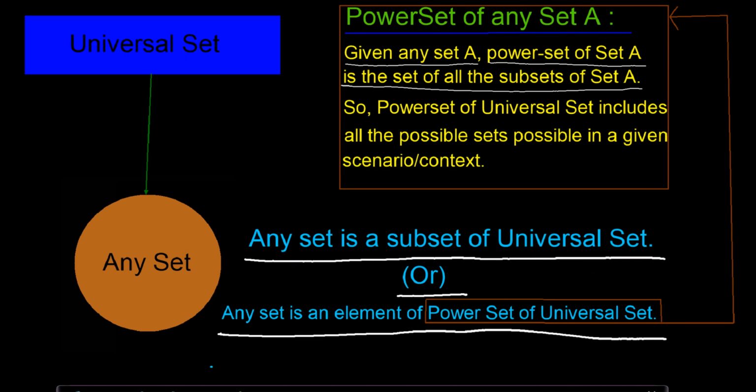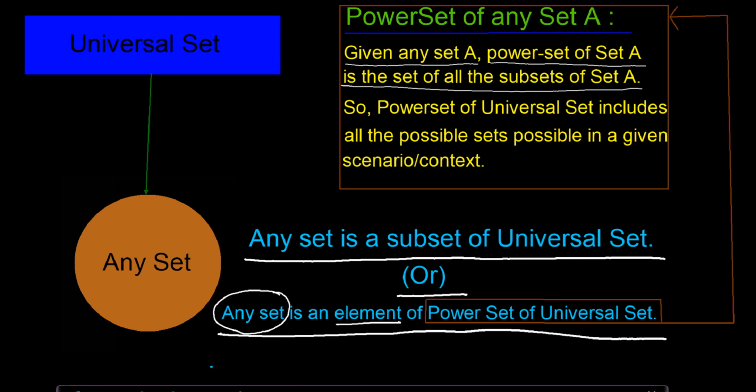So that's what it is saying: any set is a subset of the universal set, or any set is an element of the power set of the universal set. What does it mean? Given a context or any scenario, how many different sets can you define?